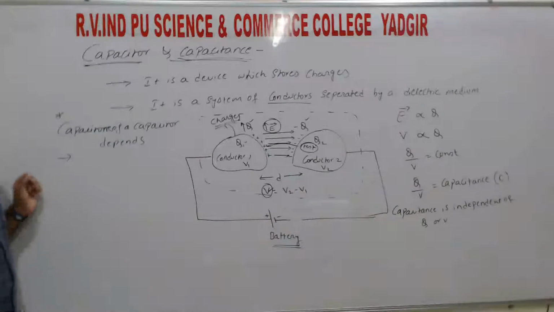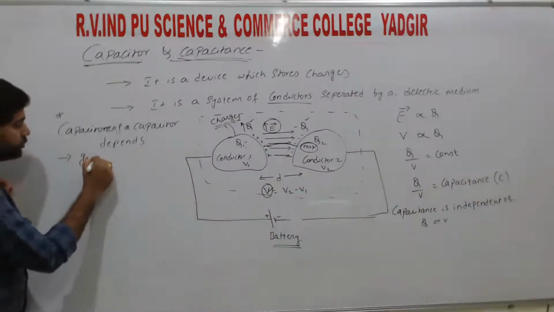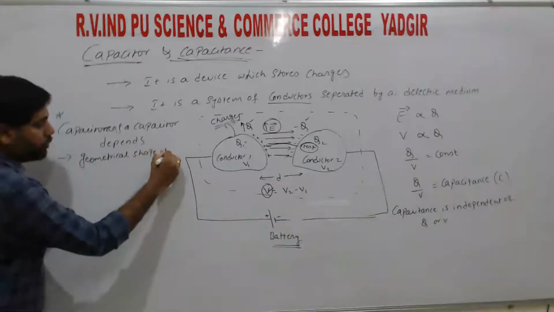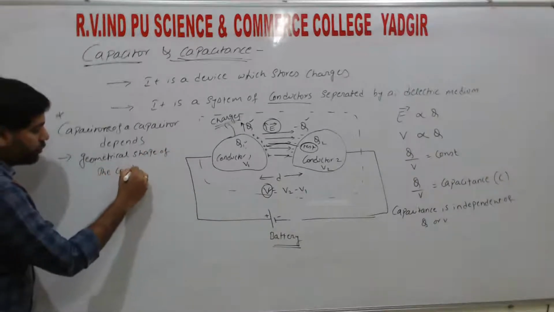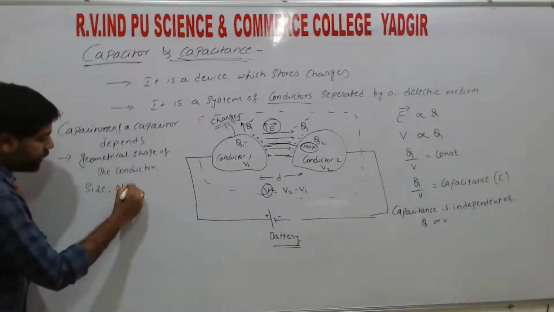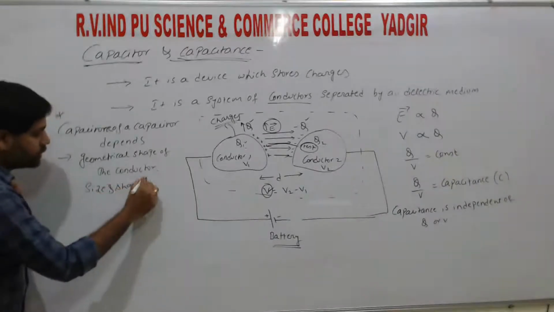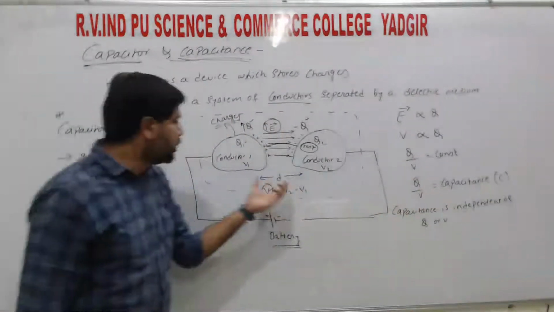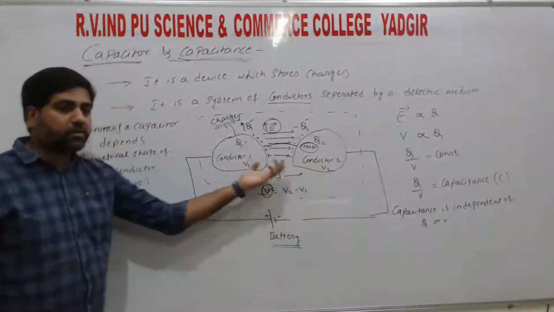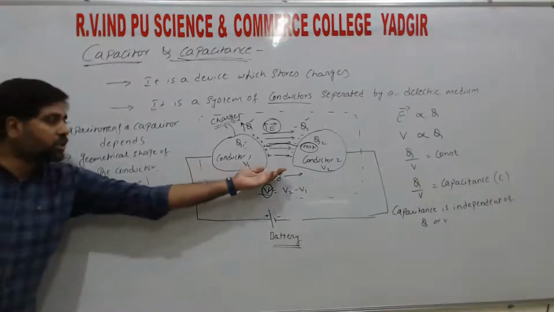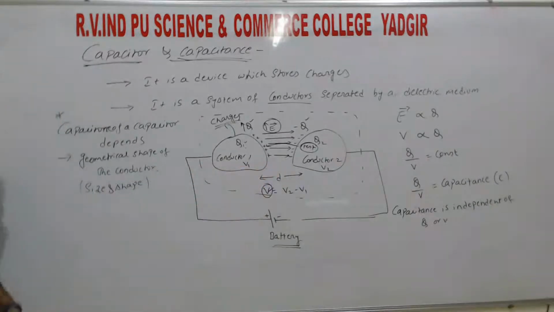The first factor is the geometrical shape of the conductor. That means the size and shape of the conductor, right? So it depends on the area, and on how much distance of separation there is between the two conductors.